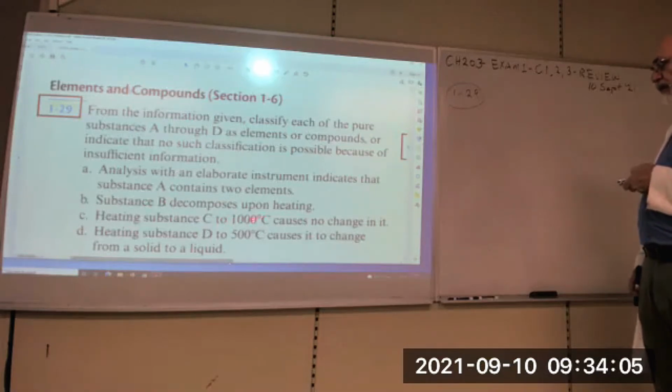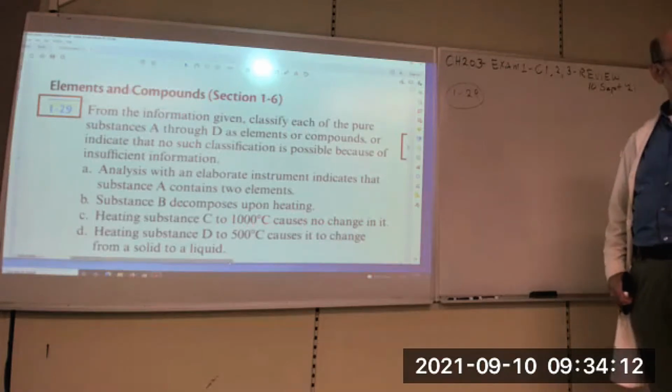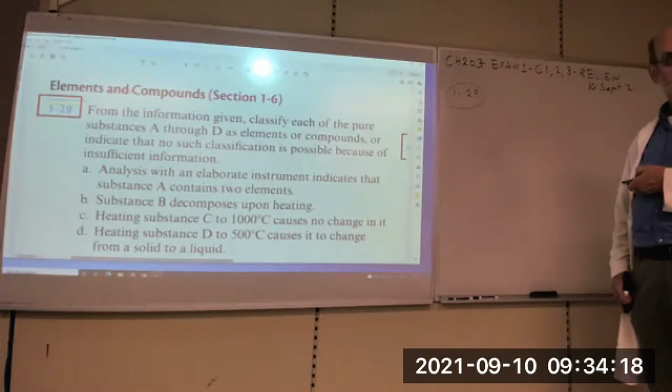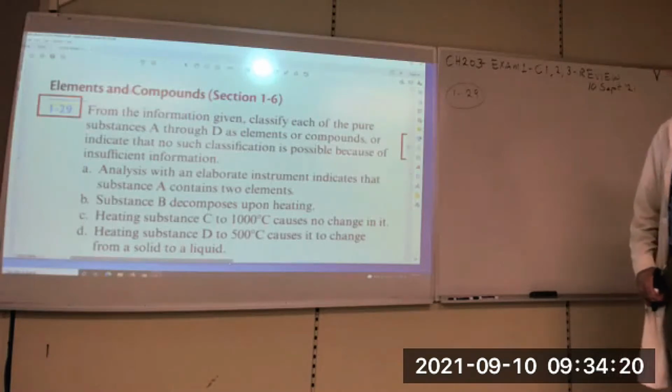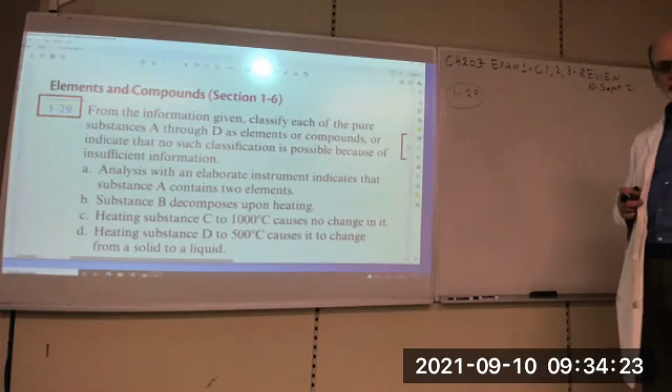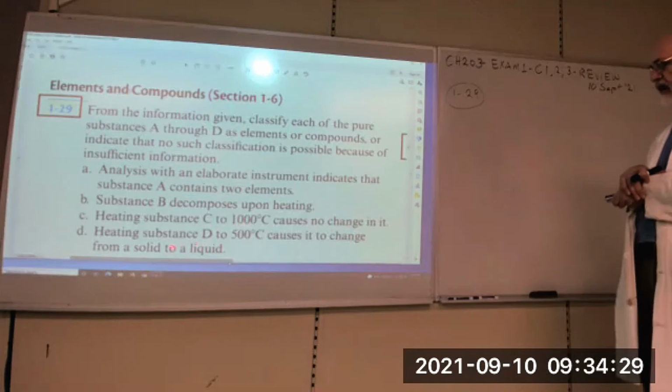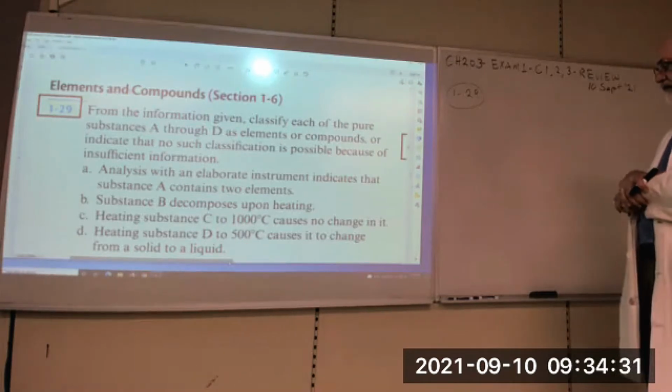So it's probably a pure substance with no change, but we're not told enough to say whether it's an element or a compound, because some compounds can be heated to 1,000 degrees Celsius and there's no chemical change. Heating substance D to 500 degrees causes it to change from a solid to a liquid.